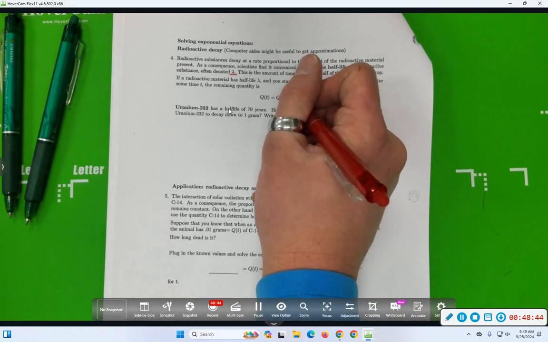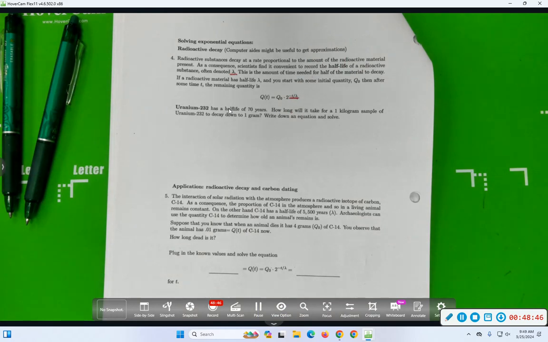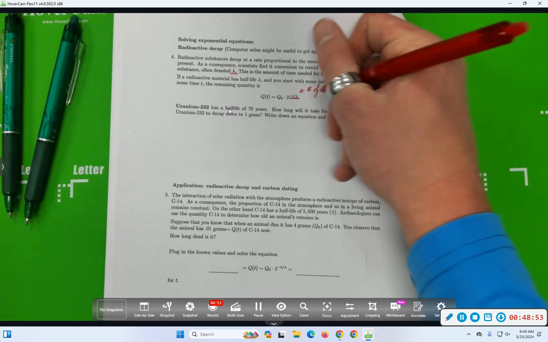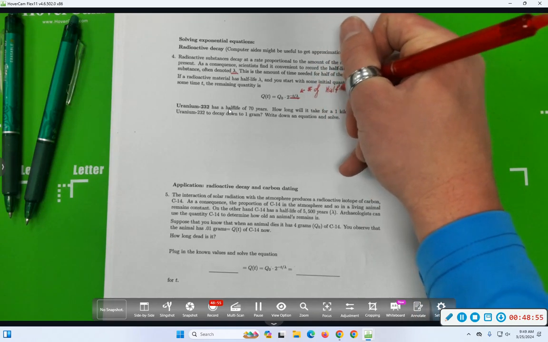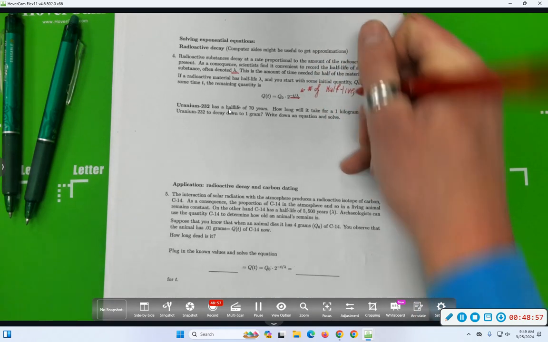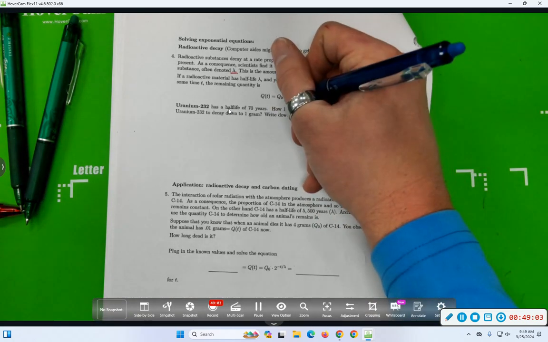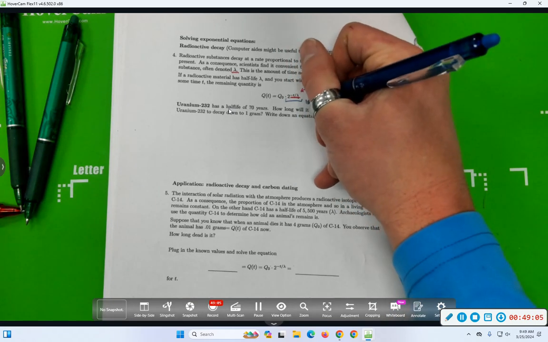So how many half-lives go by in some amount of time? Well, it's that. The thing underlined in red is the number of half-lives. Each time a single half-life goes by, you divide by 2. Division by 2 is multiplication by a negative power of 2.